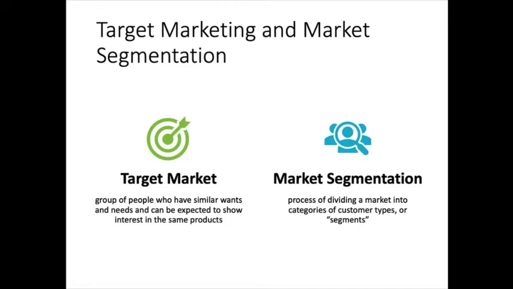And in that spirit, you see there the concept on the right, market segmentation, the process of dividing a market into categories of customer types or segments. Having distinct market segments helps you design and focus your marketing messaging to reach a particular type of customer.